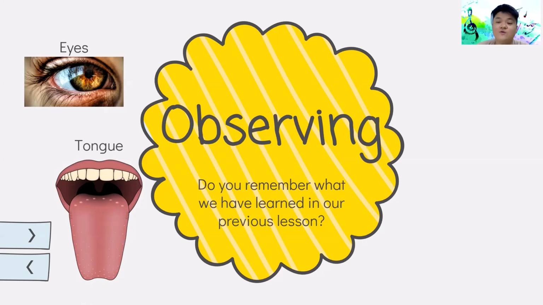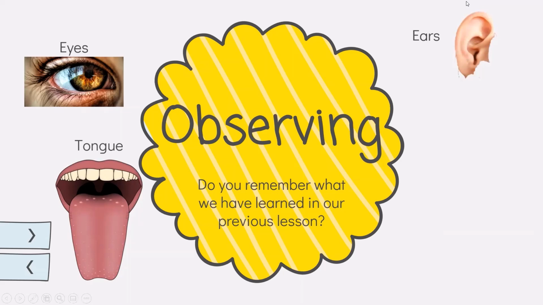Yeah, and then we also use our ears. Our ears are very important for us to listen, okay? We listen to everything which happens around us. Therefore, our ears can be used to observe as well. Number 4, we also observe using our nose. Our nose can be used to smell.